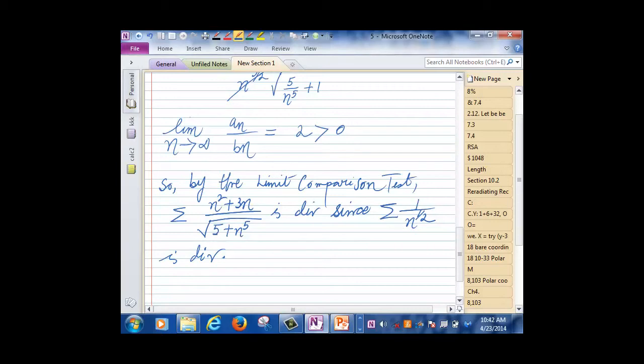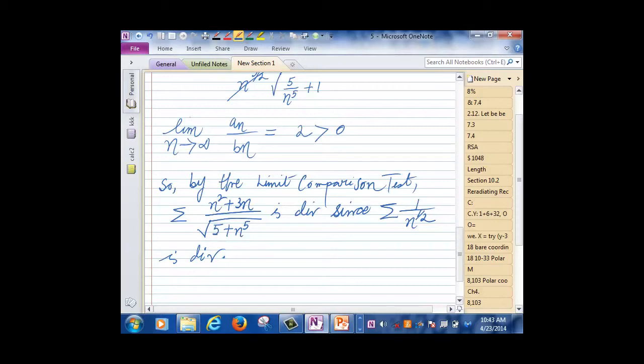I made a guess that the series is divergent, and then I said, if I want to use the limit comparison test, then I have to come up with a divergent series, and then take the ratio of the corresponding terms of the given series and the divergent series that I'm picking and show that the limit is positive. If the limit is positive, then I know both series either are divergent or convergent. Since I picked a divergent one, the given one should be divergent as well. Is that making sense?